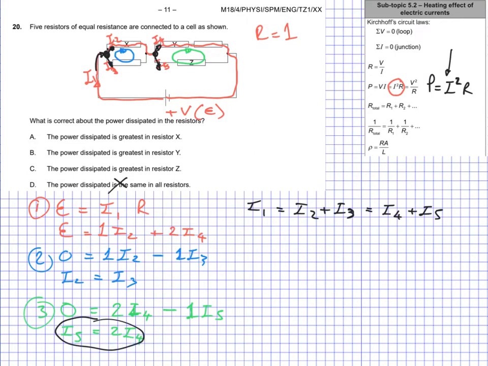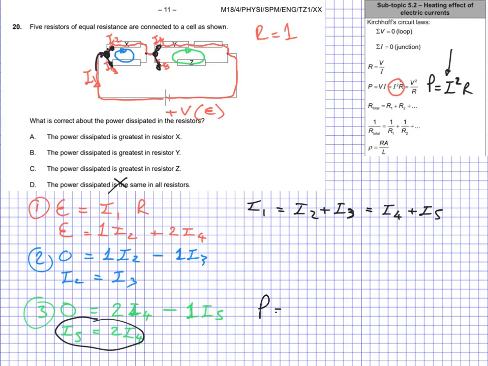Which one's going to have the bigger power dissipation? Is it going to be resistor Z in current 5, or is it going to be resistor Y in current 4? So let's put these ratios in. So let's bring our power dissipation formula down here.